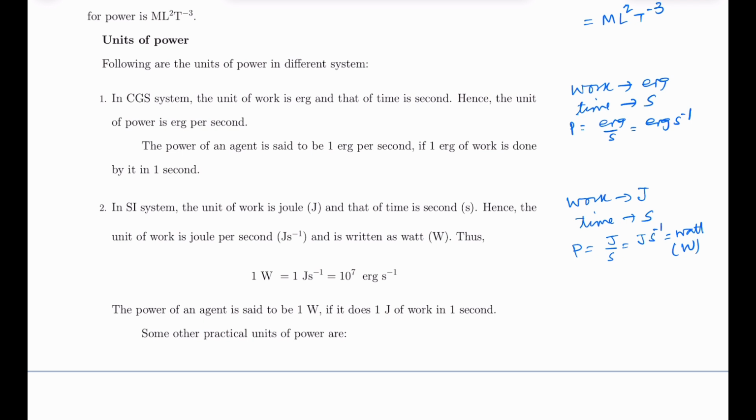So we have 1 watt is 1 joule per second and 1 joule is 10 to the power 7 erg. So 1 watt is 10 to the power 7 erg per second. So here W stands for watt and not for work. So the power of an agent is said to be 1 watt if it does 1 joule of work in 1 second. अब आइए हम देखते हैं what are some other practical units of power.